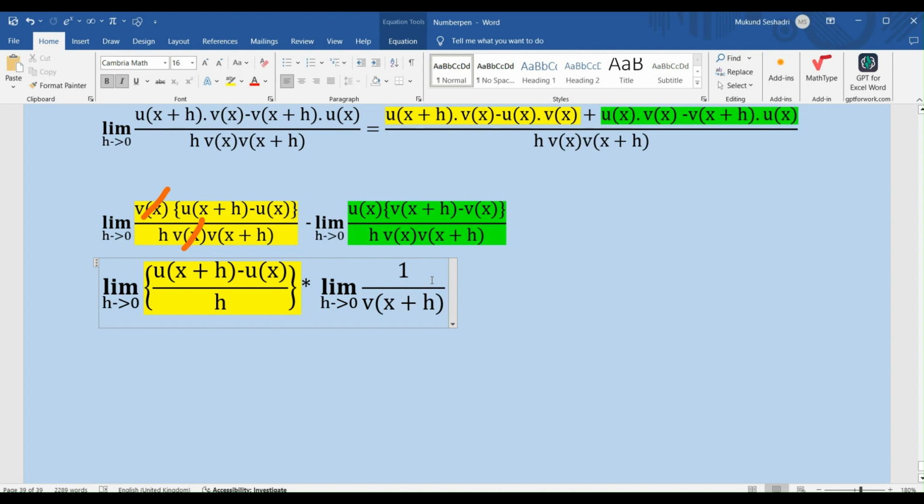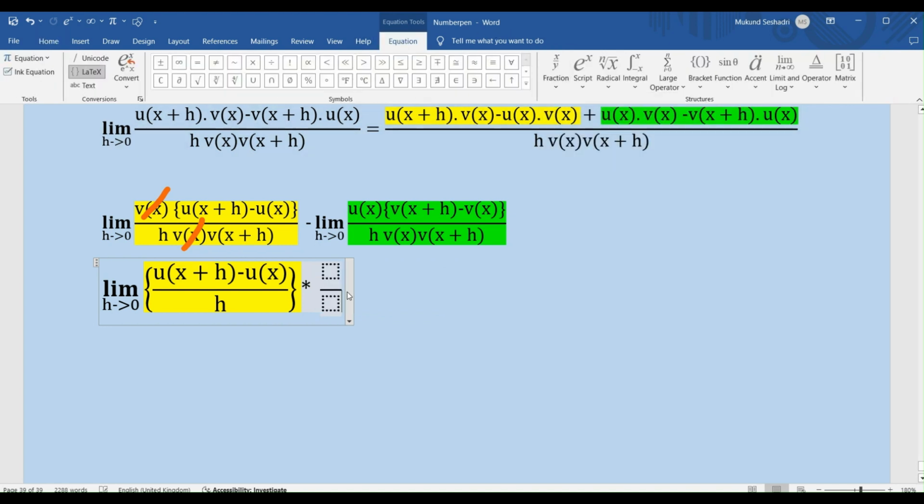So in this expression I can eliminate the h and rewrite this as 1 divided by v of x. And why is that? Because v is a continuous function and so is u. So my limit h tending to 0, v of x plus h is equal to v of x. So I'm going to erase this and straight away eliminate the h in that equation and call it 1 divided by v of x.